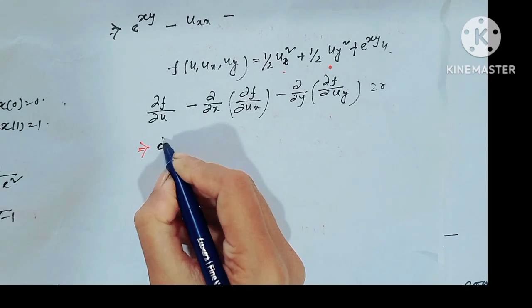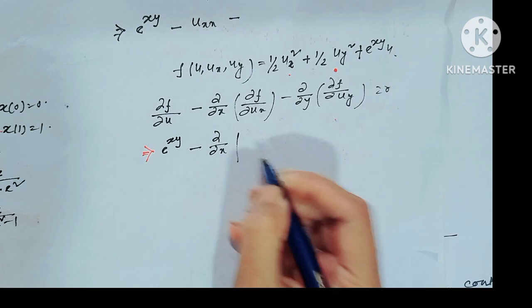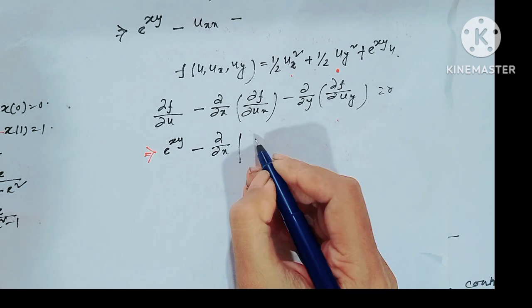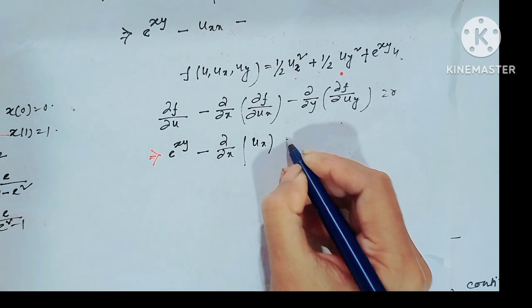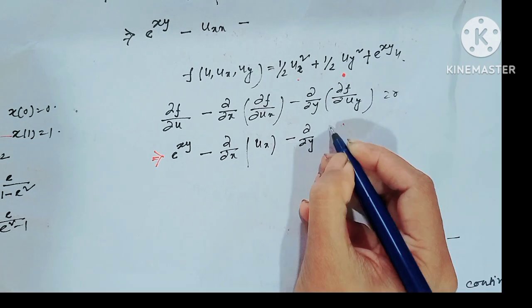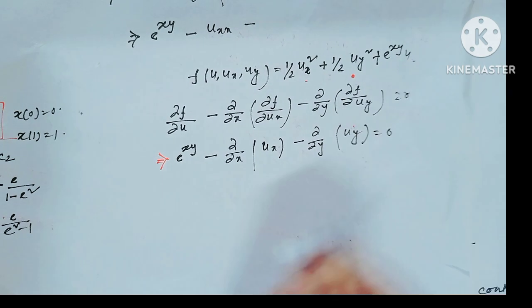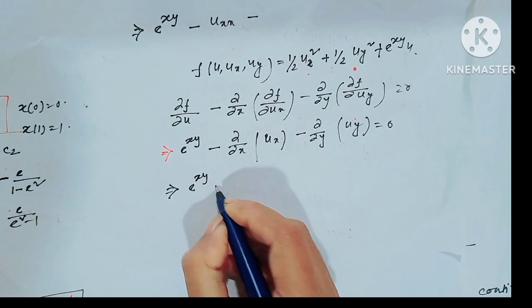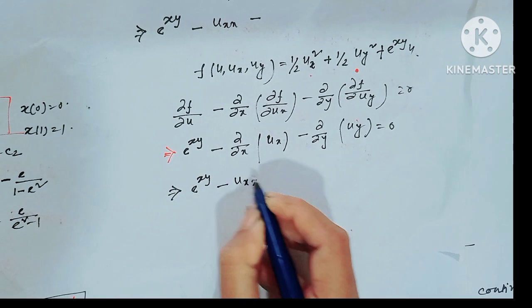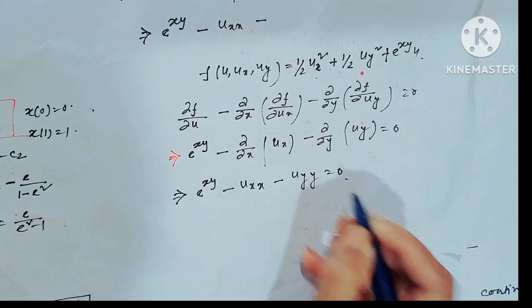This implies e^(xy) minus ∂/∂x of ∂f/∂u_x, which is obviously u_x, and ∂/∂y of ∂f/∂u_y, which is u_y, that implies e^(xy) minus u_xx minus u_yy equal to 0.